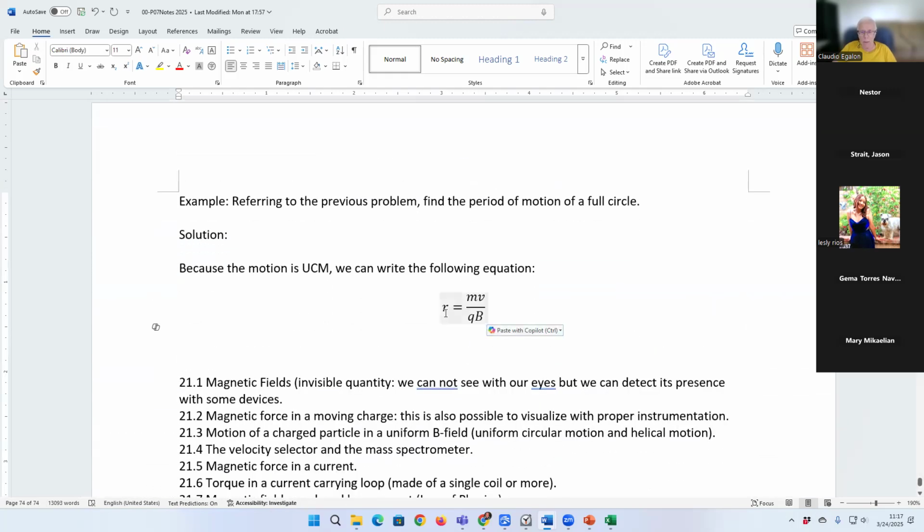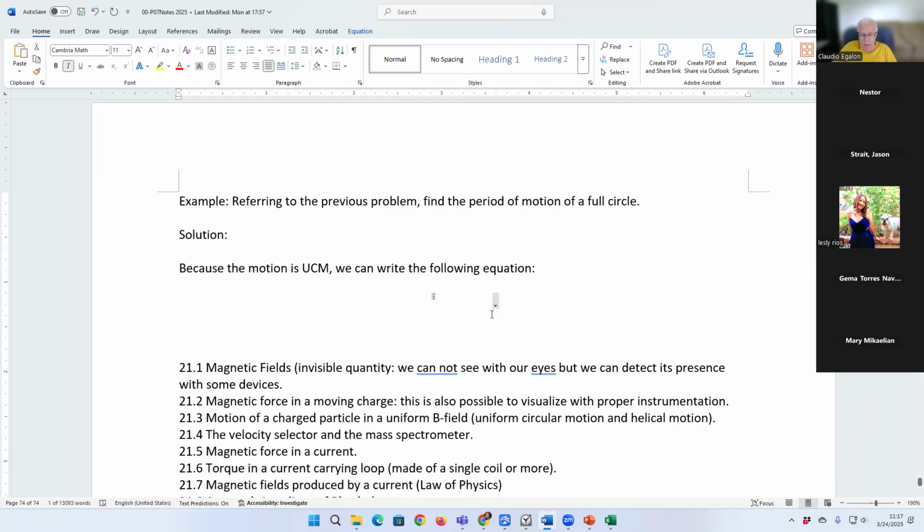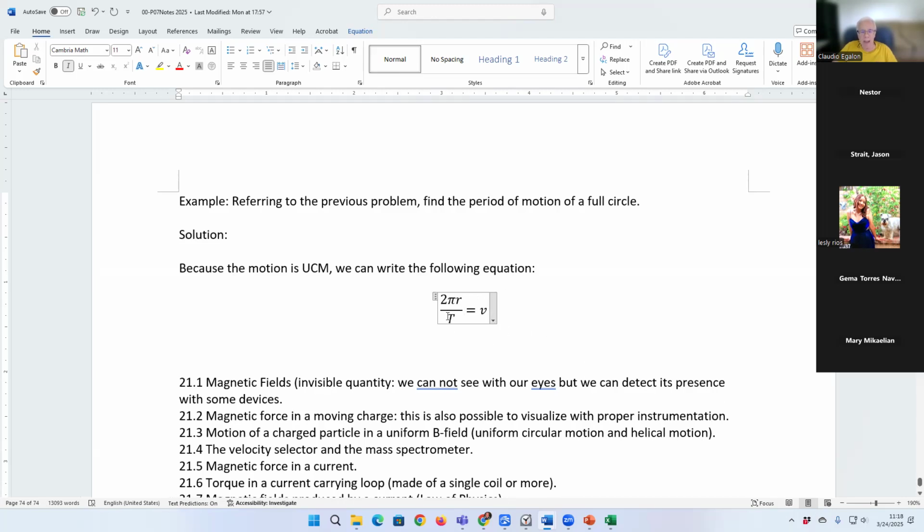Because a full circumference, 2 pi r, divided by a given amount of time that I'm going to call T, and this given amount of time T is the period of motion because it corresponds to a full circle, must be equal to the speed of the particle. Okay? I'm going to highlight what I don't know. I do not know this guy here.